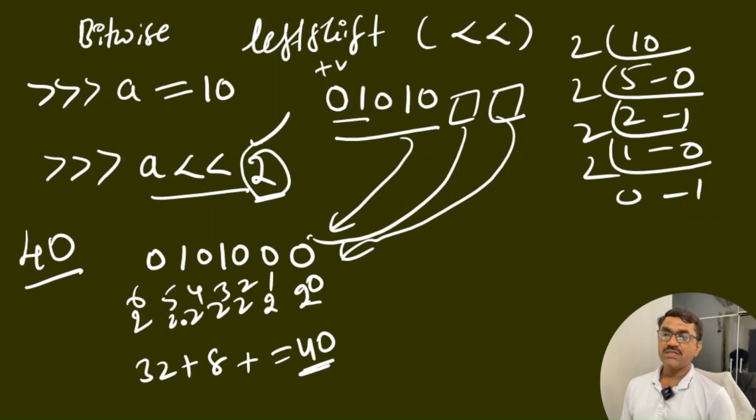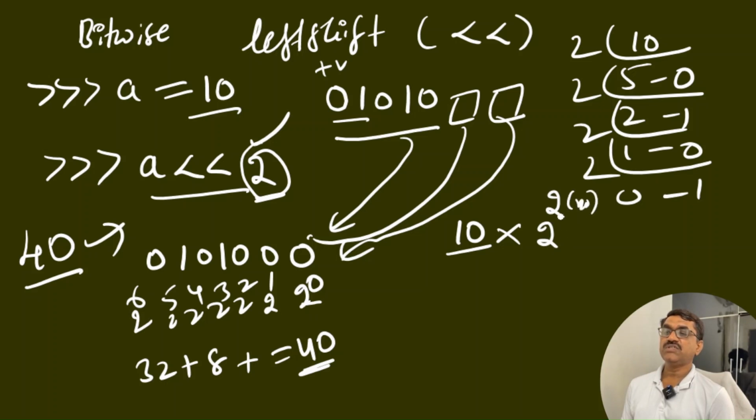Instead of doing it like this, you can directly get the answer 40 by using a principle like this. See here, the original value A is 10. Now, how do we get 40 directly? When the value is 10 and you are shifting the number of bits by 2, the base of the binary number is 2. How many bits have you shifted here? 2.